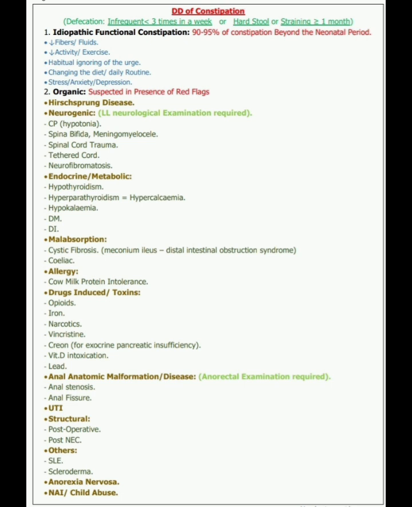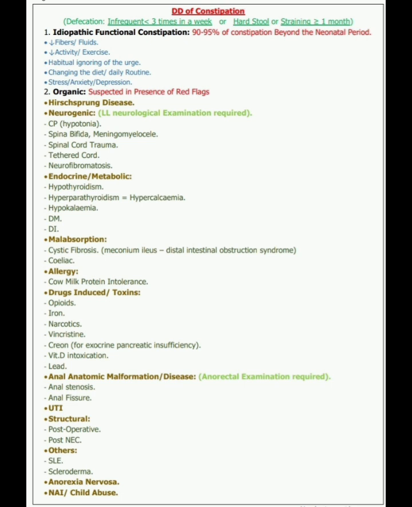Malabsorption: cystic fibrosis. Cystic fibrosis is associated with loose motions, meconium ileus, distal intestinal obstruction syndrome. So in cystic fibrosis, there is repeated chest infection we find. Celiac disease, we know that the loose stools present with buttock wasting, abdomen distended, and mainly difficult to flush the stool and foul smelling.